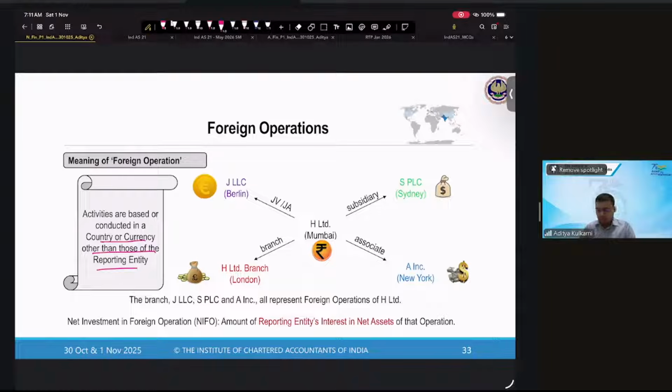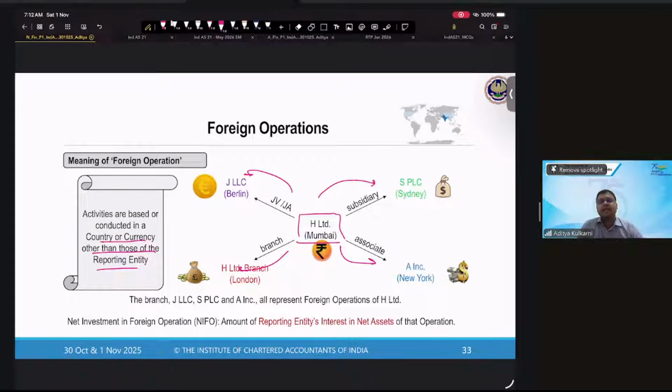Now, if H Limited has to set up these offices, it will not set up out of thin air. H Limited has to introduce a capital, right? You call it capital, you call it a startup fund, you call it funds to commence operations, you call it setup costs, whatever name you give it.